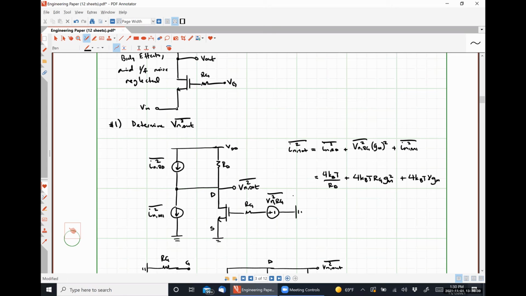The contribution of the resistor RG, once we refer it to the output side, so we multiply that noise voltage by the transconductance to give us a current flowing from the drain to the source, right? That current INRD, so the noise current generated by our resistor RD, is flowing between the drain and AC ground, where AC ground is the source. From a noise calculation perspective, right? Does that make sense? Yeah.